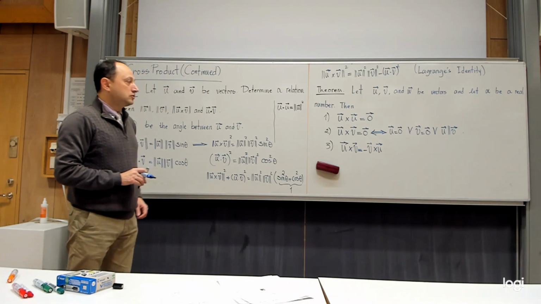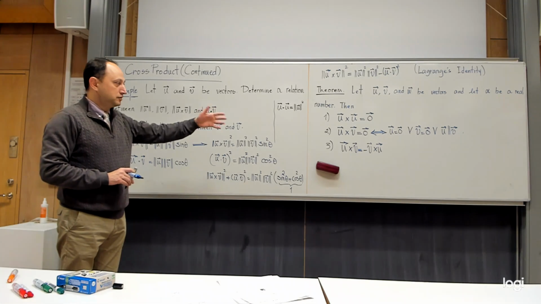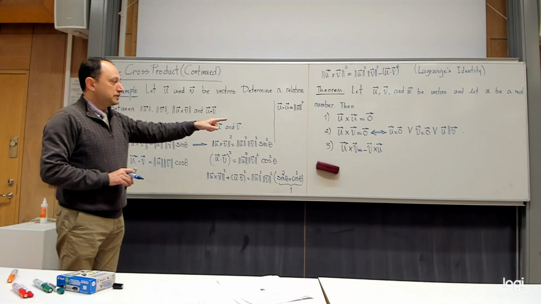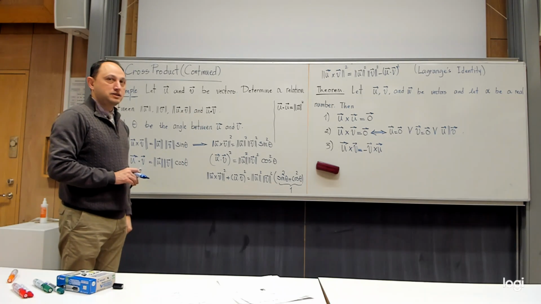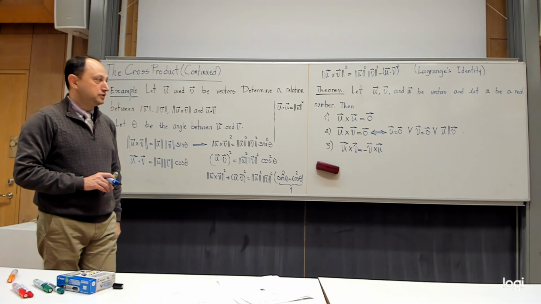Do you remember the reason behind that? If you have forgotten, you can just review the video. I don't want to spend time on it again. But U cross V is always negative of V cross U. So you can swap them, but you have to remember to put a minus sign.